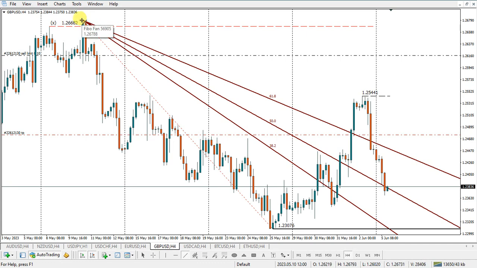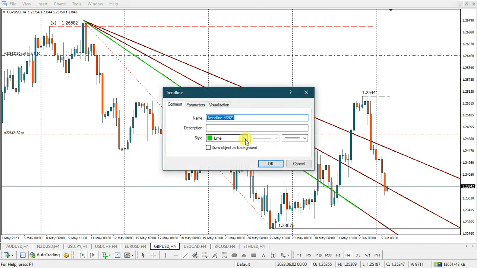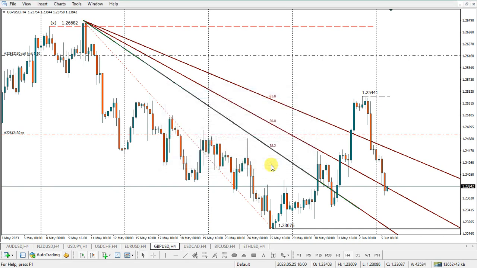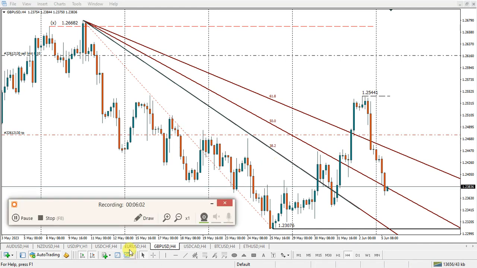That's the 38.2%. And why are we using the 38.2%? Because this is a very strong reaction level. These are the fib levels where price is going to have the strongest reactions. As we can see, as price approaches the 38.2, we have a very strong break to the upside.